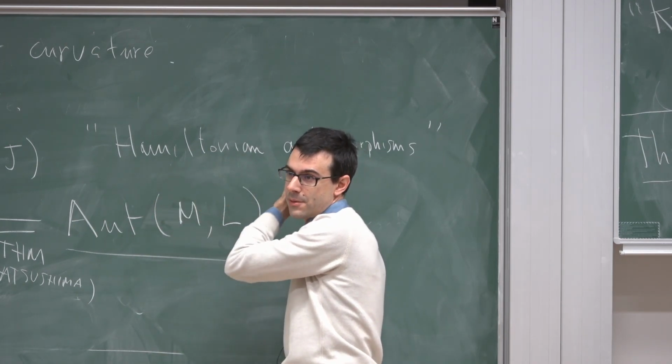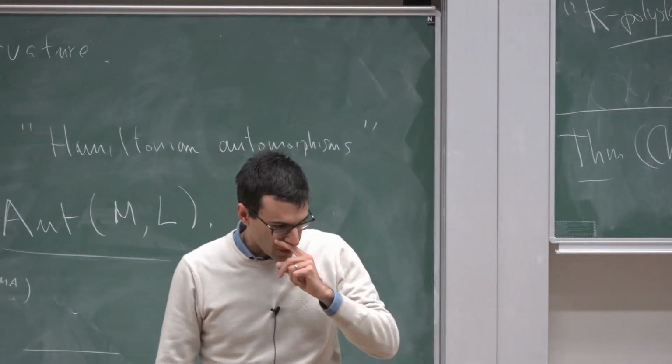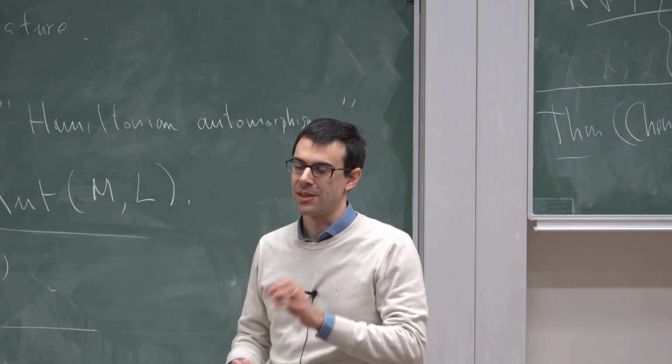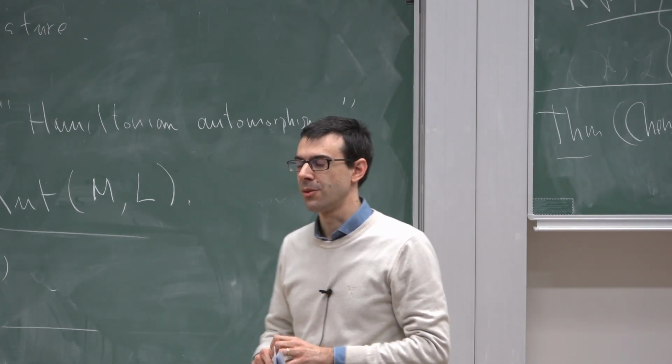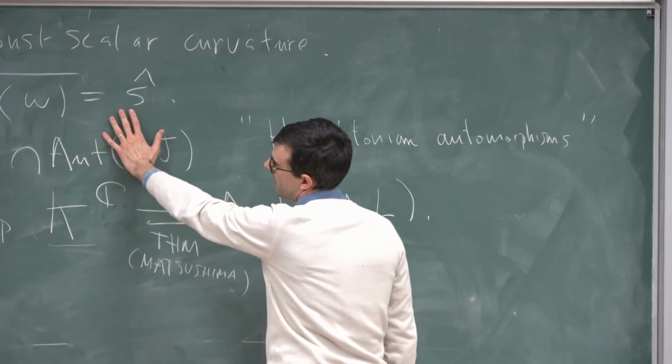If you have a projective manifold, the group of automorphisms of this as a projective manifold is not reductive in general. Just think of P2 blown up in 1 or 2 points. But it's true if the manifold is stable in this sense.